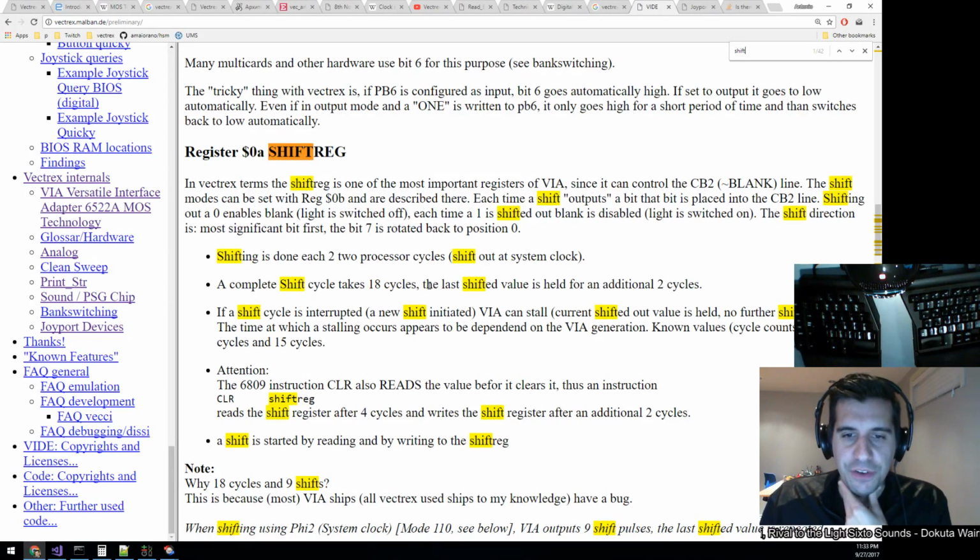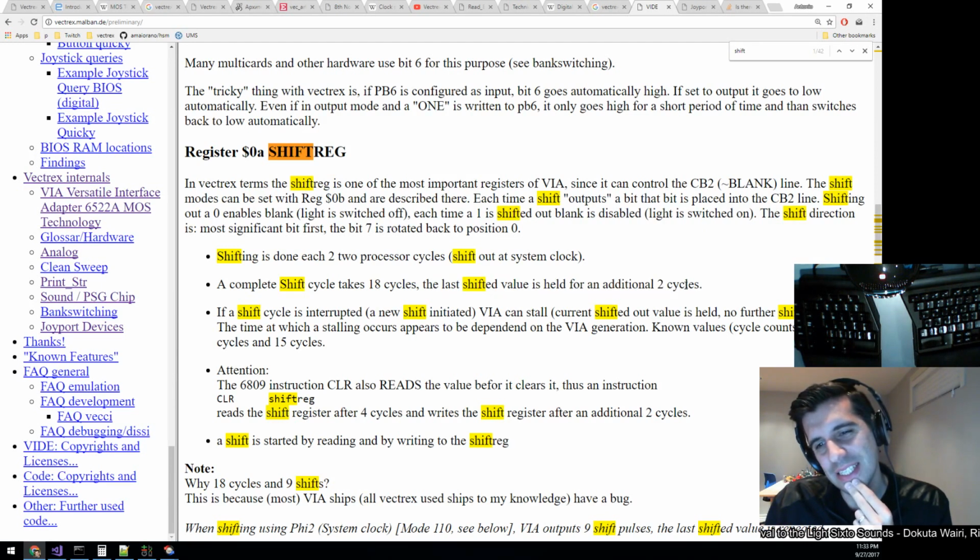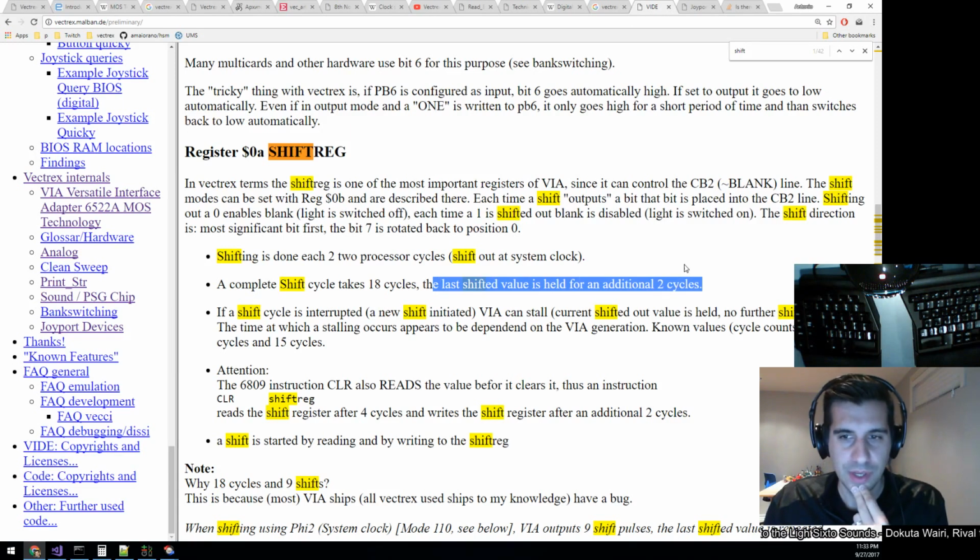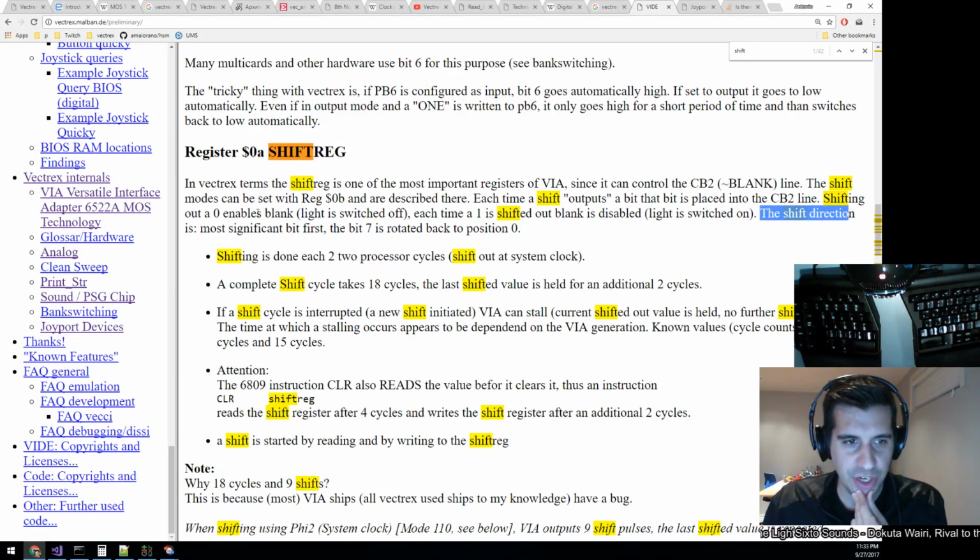The last shifted value is held for an additional 2 cycles. Oh, see, that's not exactly what I wrote. He's saying really it's the last shifted value. But then he does write up here, the shift direction is most significant bit first, and bit 7 is rotated back to position 0.